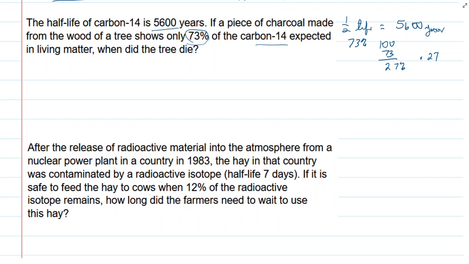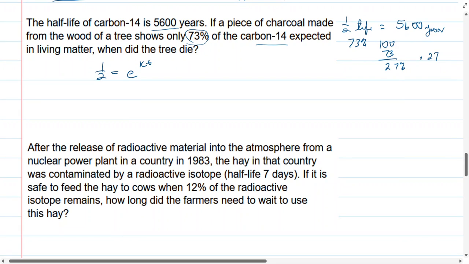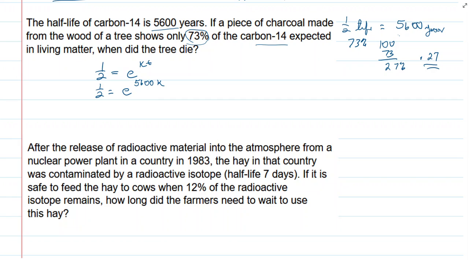So we know the half-life, and we know time is 5,600, and we need the K. I'm thinking we're going to have the 27, because we're having 5,600 times the K. Would you agree? Is that good logic?